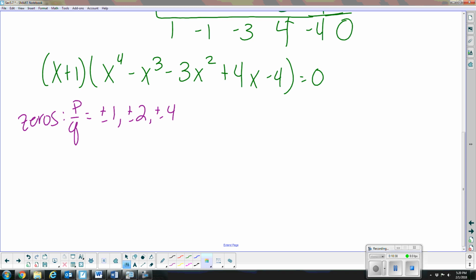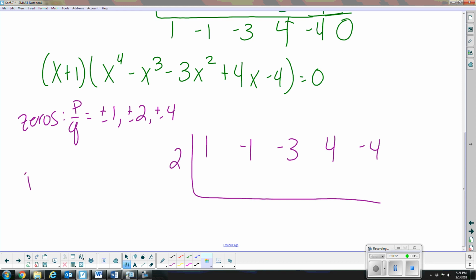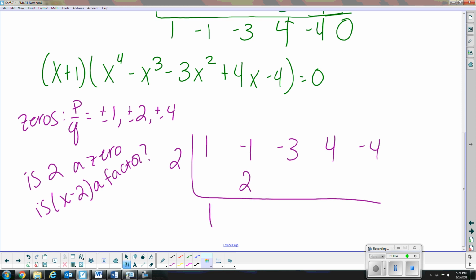All right, now you can look at a graph if you want to give you an idea of where this starts. So I'm going to test 2. So is 2 a 0? Is x minus 2 a factor? So I'm going to, again, use synthetic division.